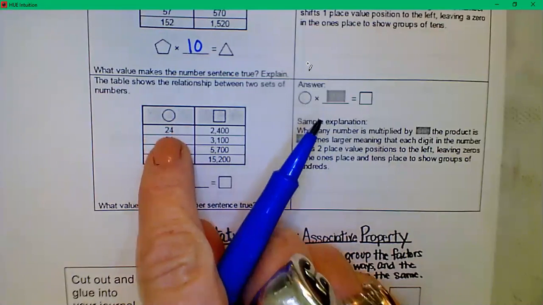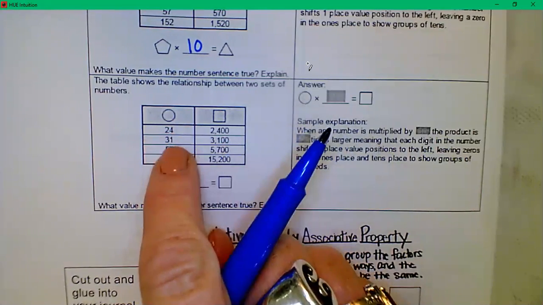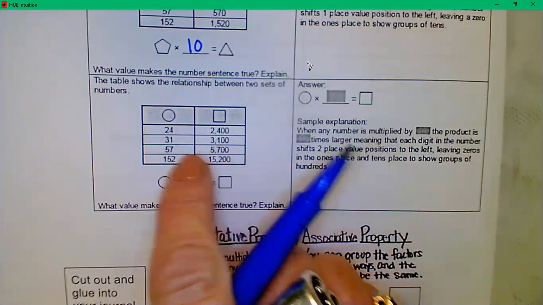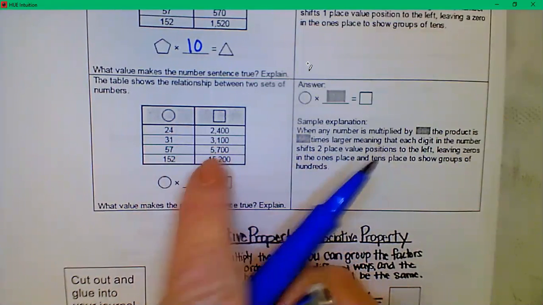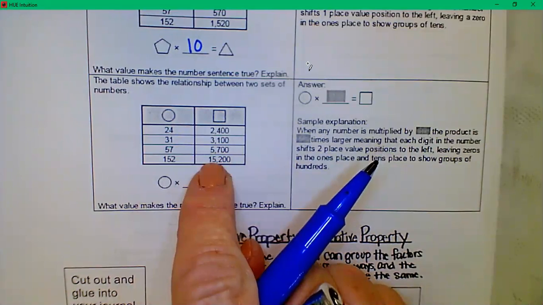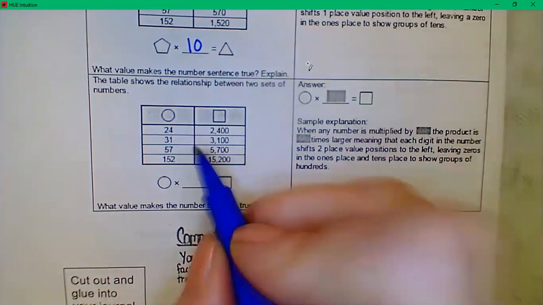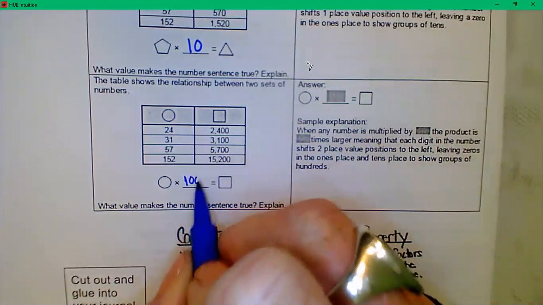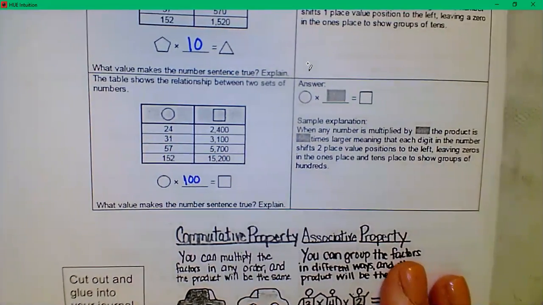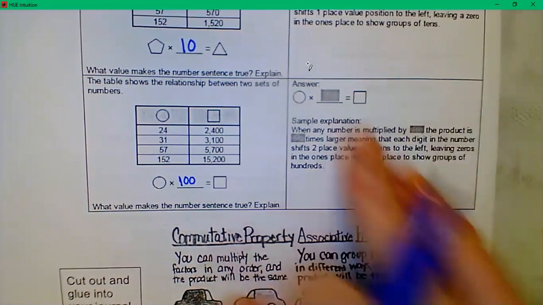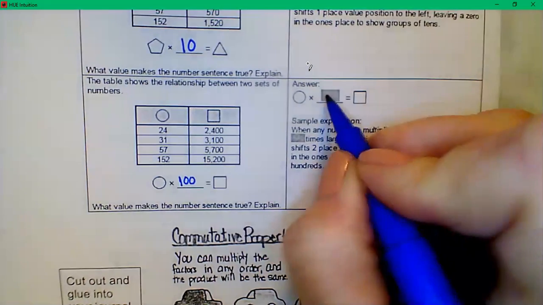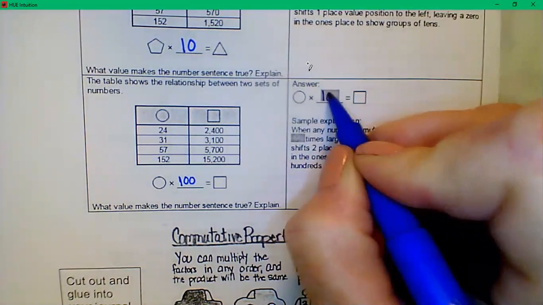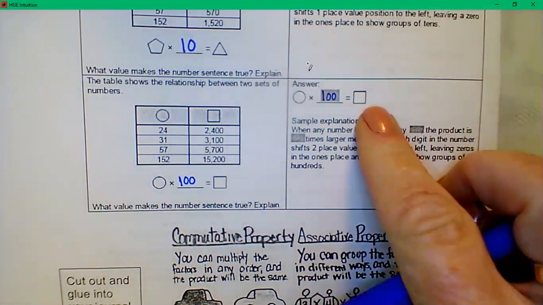So 24 to 2400, 31 to 3100, 57 to 5700, and 152 to 15,200. As Blaine said, we are multiplying by 100. So the answers revealed in these rectangular boxes would be the circle times 100 is equal to the square.